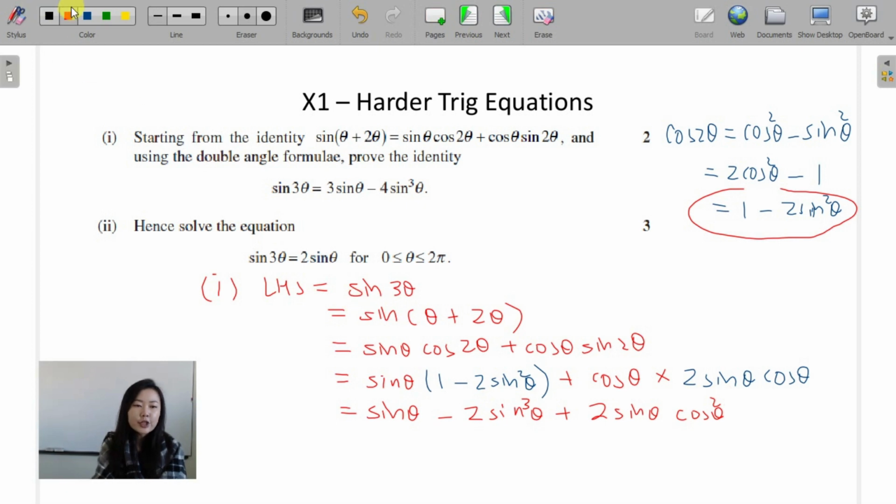Let's health check our expression so far. You can see that's sine theta, that's sine theta, that's sine theta, but you've got cos theta squared. But that's okay. Remember the Pythagorean identity, sine squared theta plus cos squared theta is 1. So that means cos squared theta is 1 minus sine squared theta. So let's use that.